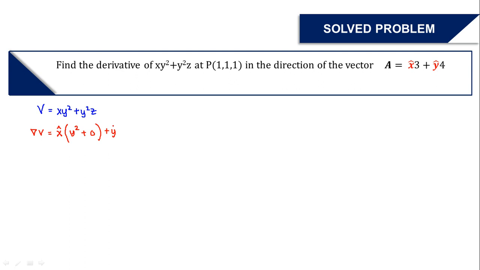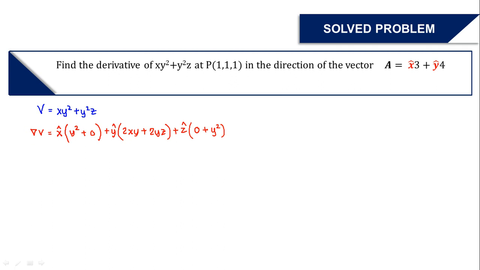Then sa y hat naman, ang kanyang partial derivative is 2xy. So binaba ko lang yung 2 doon. Plus 2yz. Sana nakakasunod pa tayo dyan. Plus, sa z hat naman, we have 0 sa una plus y squared. Okay? Yan.